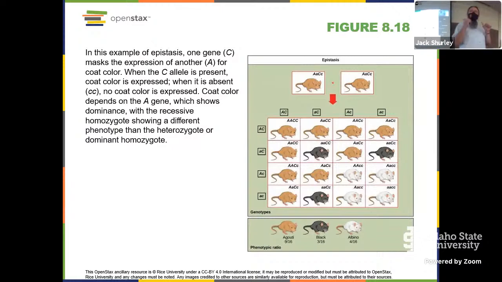One example that fits this would be Labrador retrievers. And you can see some black labs, and you can see some yellow labs, and you can see some chocolate labs, all right? And with that, it's pretty much the exact same thing that we're looking at here, all right? The yellow lab is this, right?